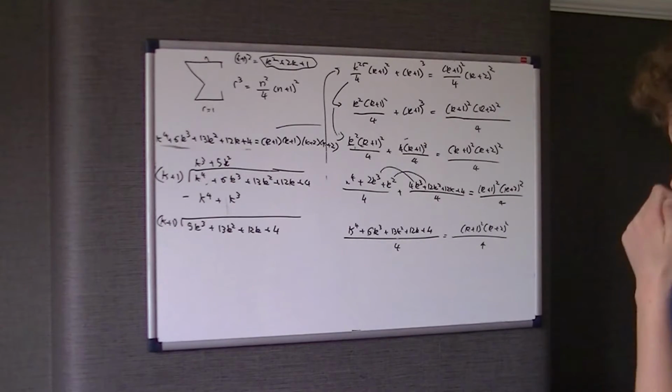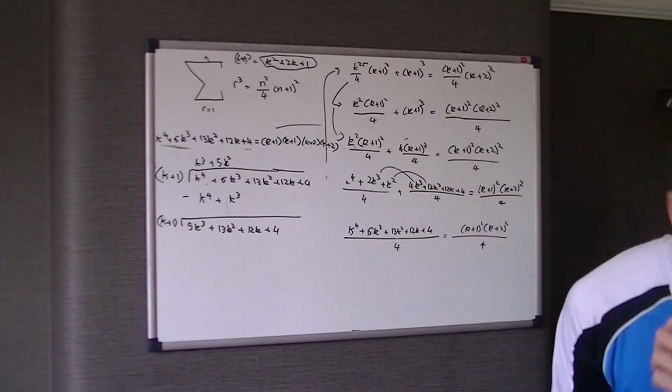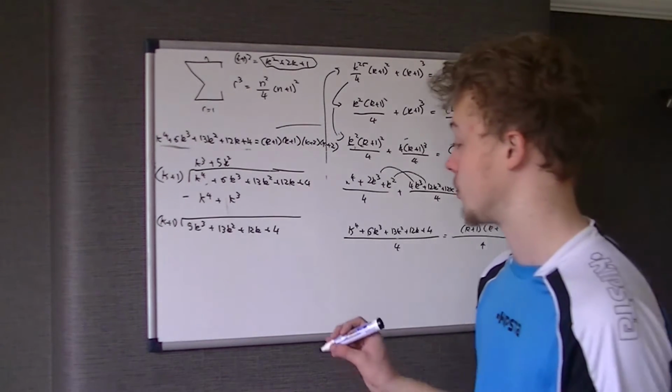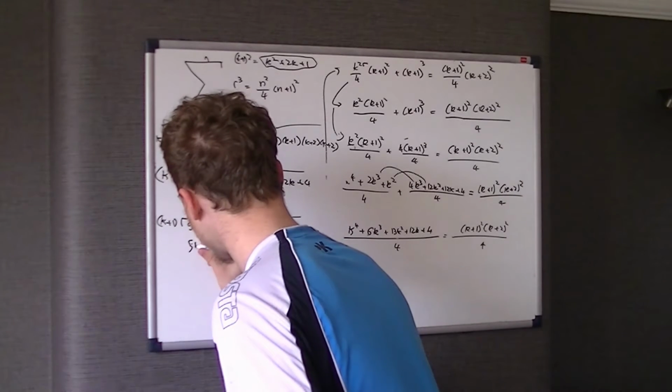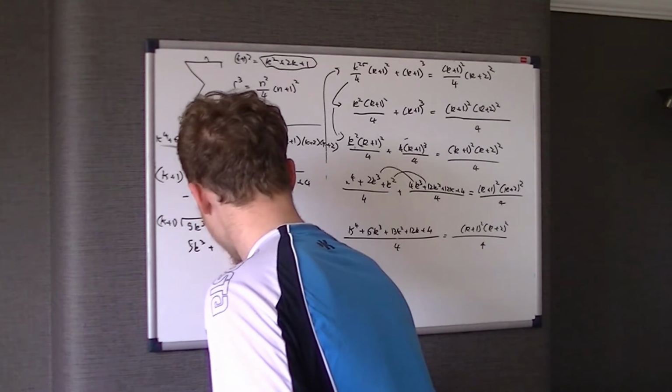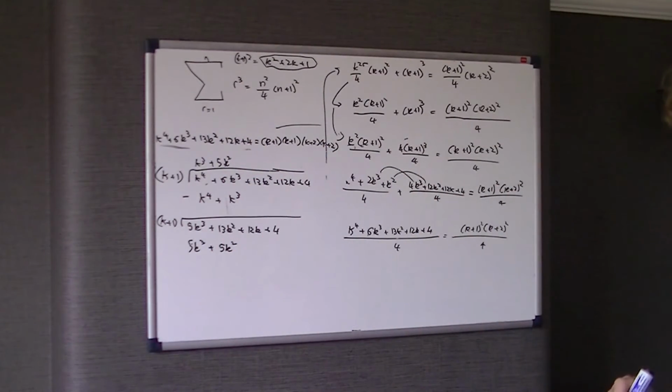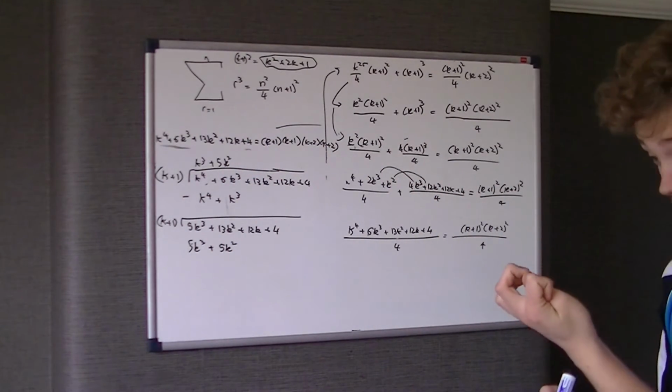And you do the same, you times (k + 1) by your 5k squared, which gets you 5k cubed plus 5k squared. And you take that away, because obviously it should equal 0, by the way, if this is a factor.